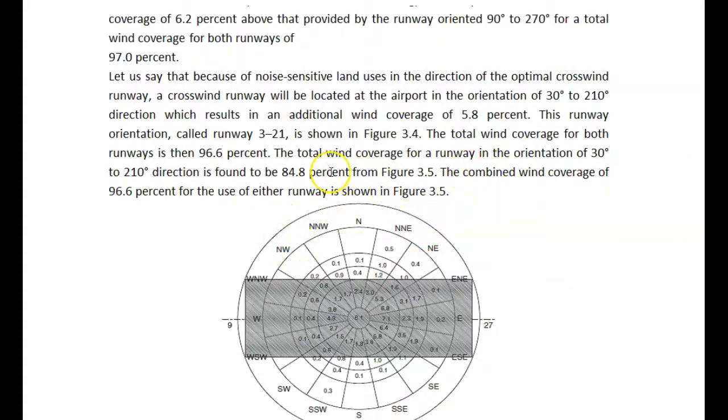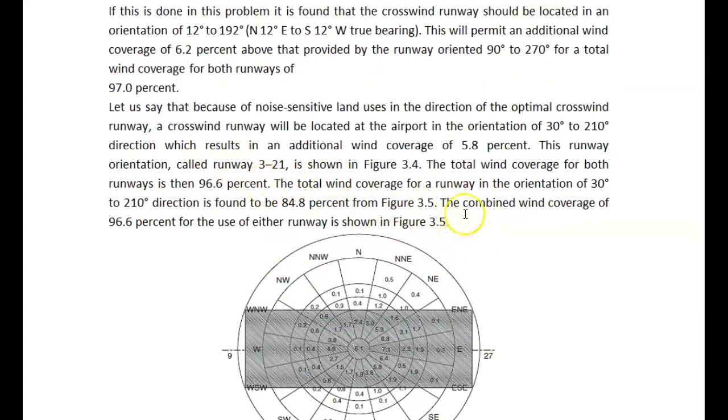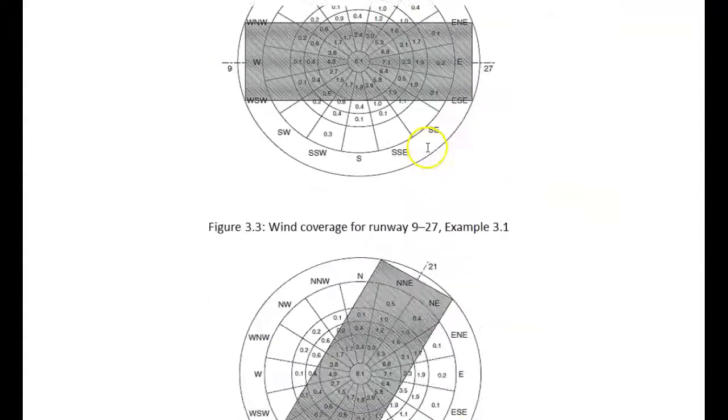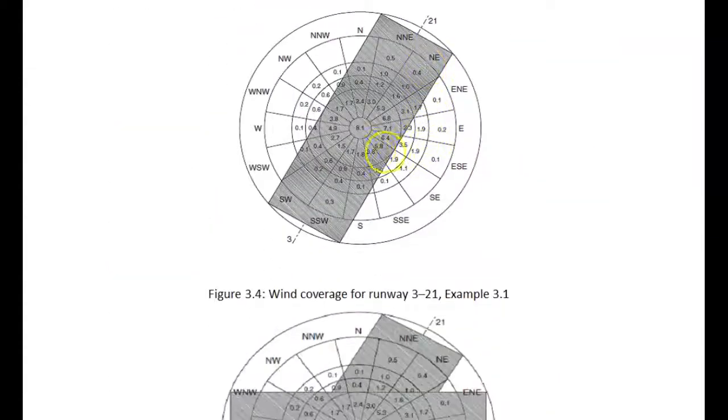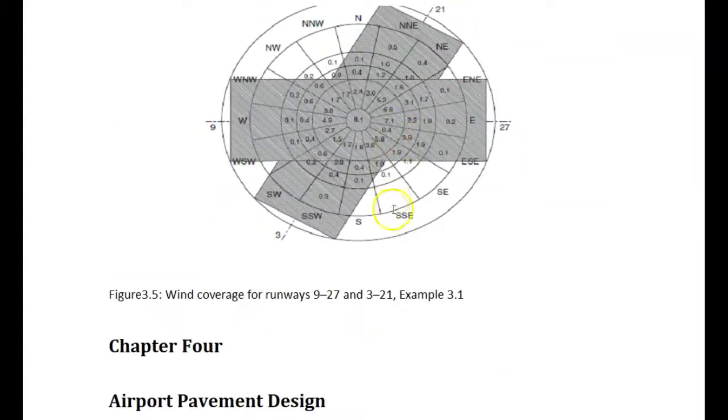That is why you see here we said, after doing that, the combined wind coverage of 96.6% for the use of either runway is shown in the figure. That is what is shown in figure 3.5. So this is the combined wind coverage of 96.6, which is what we have in this last diagram.